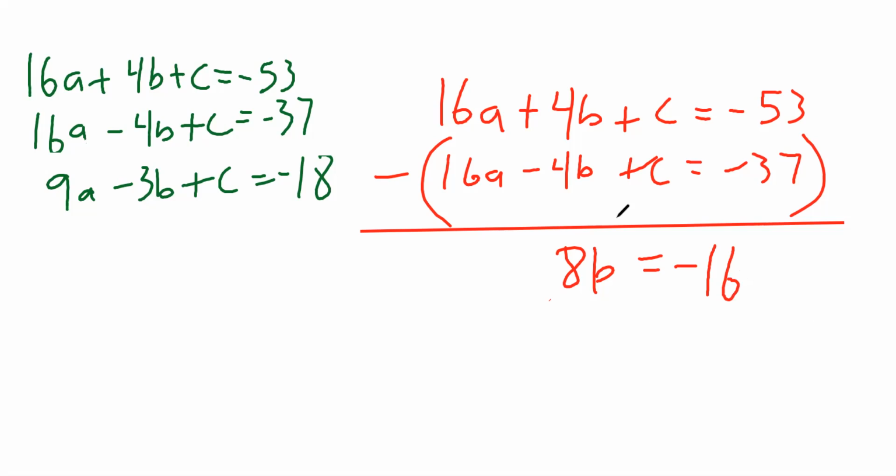So through the elimination method, basically, we were able to get those first 2 equations down to something that just has the b variable in it. And now it's just as easy as dividing both sides by 8. And you end up with a b value of -2.